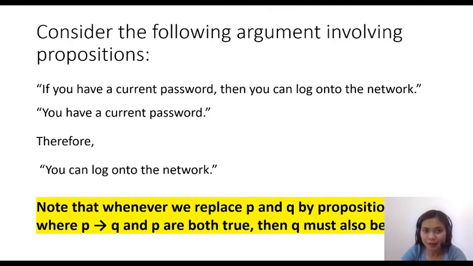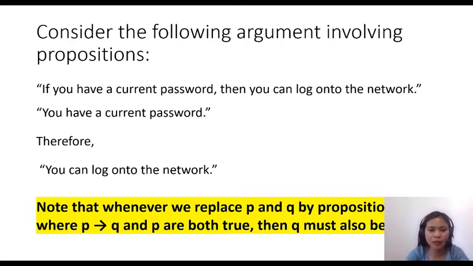Before we discuss the validity of this particular argument, we will look at it by using propositional variables. We're going to come up with its form using propositional variables. We are going to represent each of these propositions with a variable.